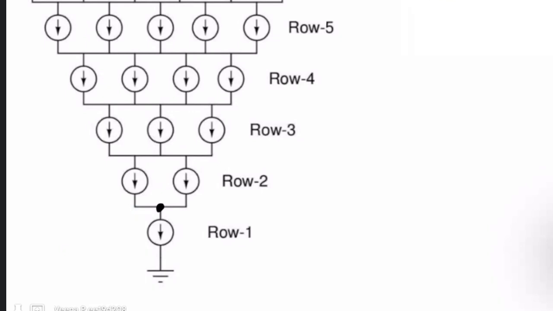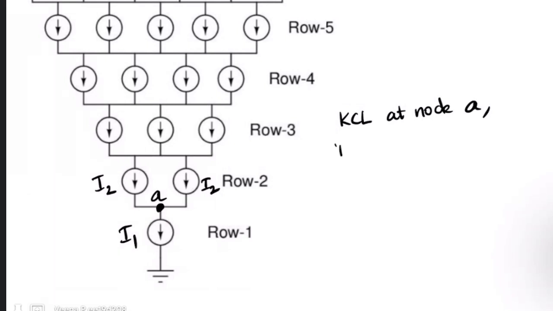You see that the currents through this row is I2 each and this current is I1, which means you apply KCL at this node, say A. So when you apply KCL at node A, current incoming is equal to current outgoing.